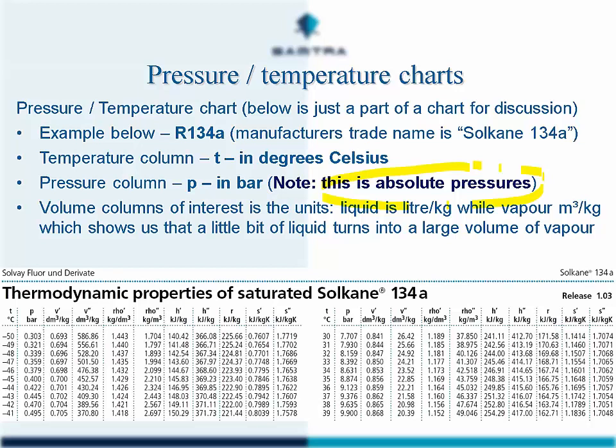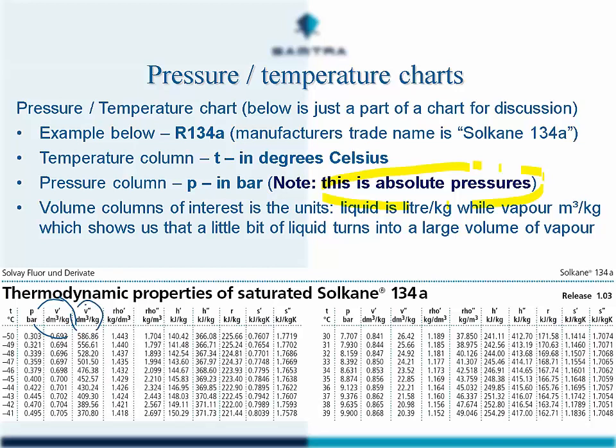So of interest now would be the volume columns. This one being the volume of liquid, and you can see the unit is decimeters cubed, and the numbers start with a 0.6, a decimeter cubed being a liter.